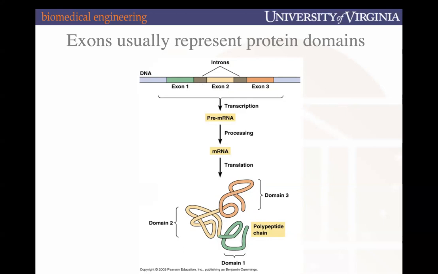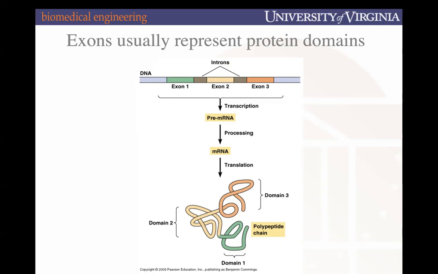During transcription, both introns and exons are transcribed. But to go from immature to mature mRNA, these introns need to be removed or spliced out so that when you translate that mature mRNA, you have the important exon coding regions that encode for the protein.